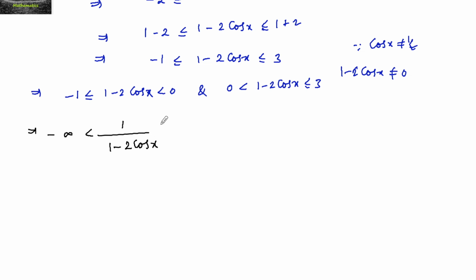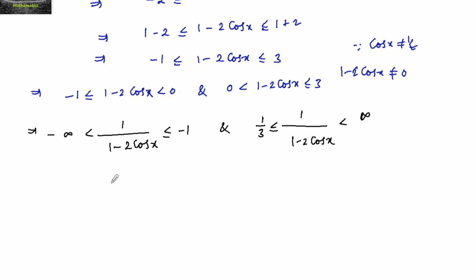So here 1 upon 0 can be taken, it's a negative value, so minus infinity, to 1 upon minus 1, which is minus 1. And for 1 upon 1 minus 2 cos x, taking the reciprocal, 1 upon 3 can be taken here, and here it's positive, so 1 upon 0 can be taken as plus infinity.